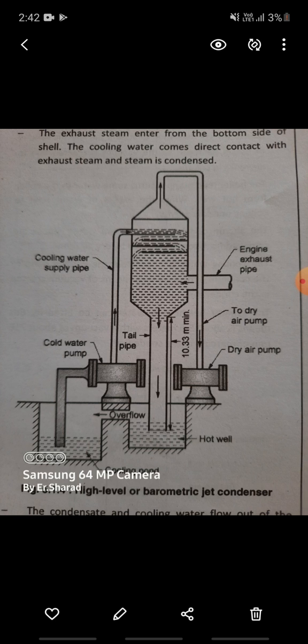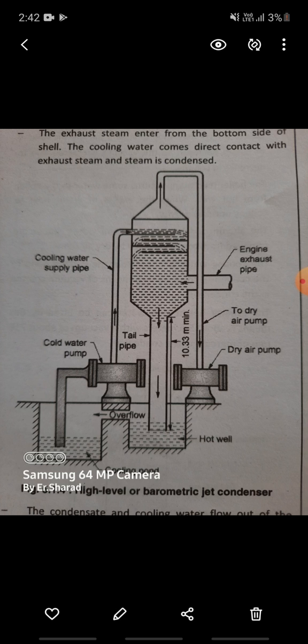This condenser is so named because it is placed at a height greater than the water barometric, meaning above 10.33 meter of water.